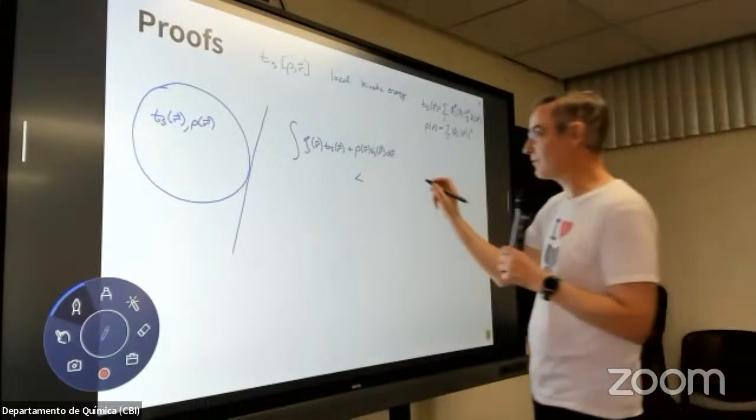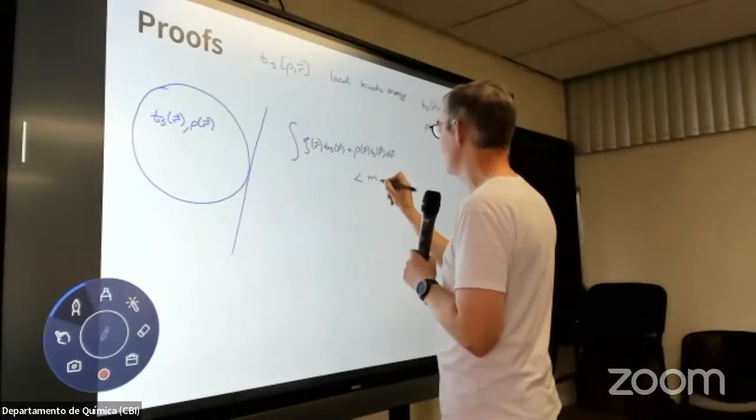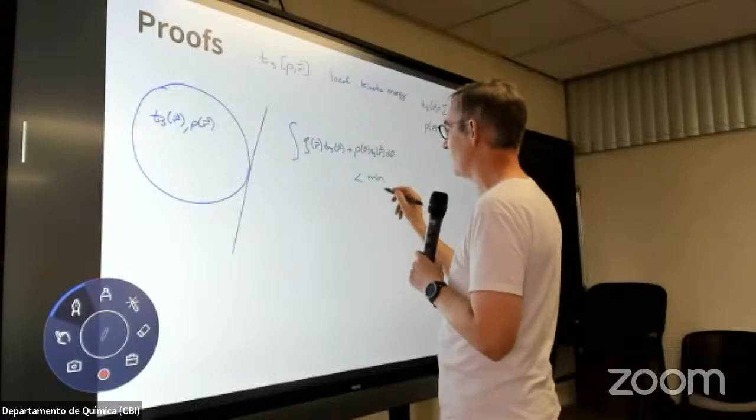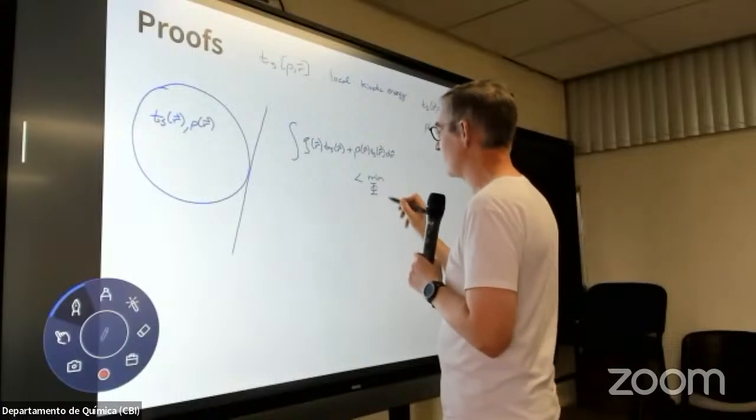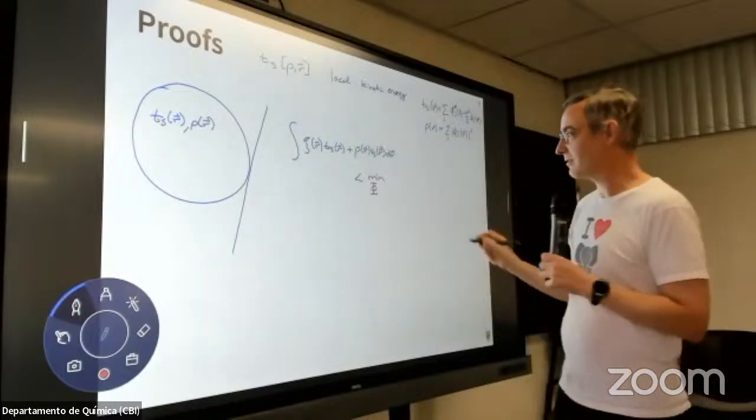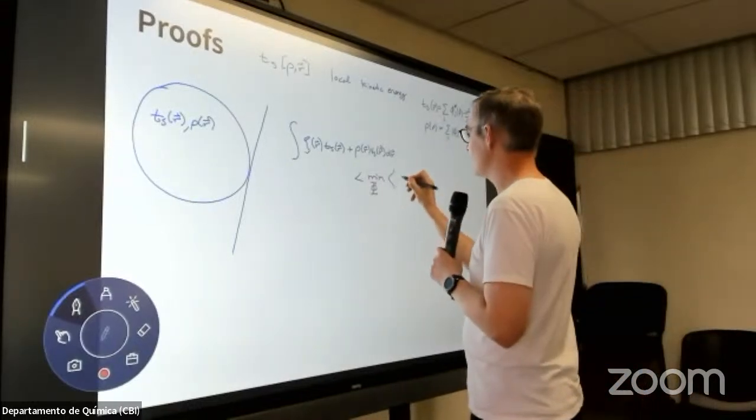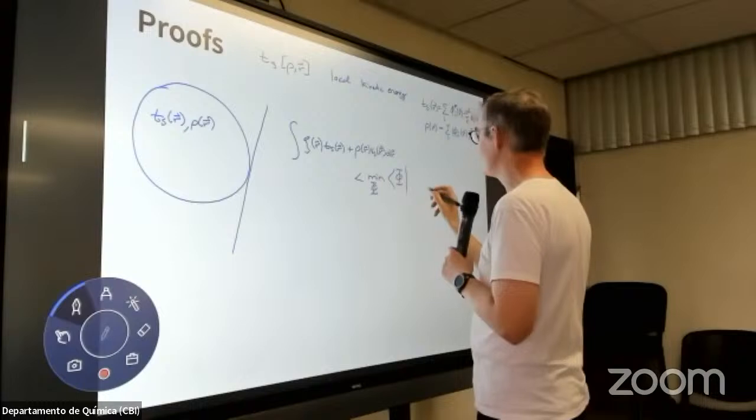And what's the ground state for this system? The ground state of this is the minimum over, well, we can choose Slater determinants because it's going to be a non-interacting system. And it's the minimum of this system.